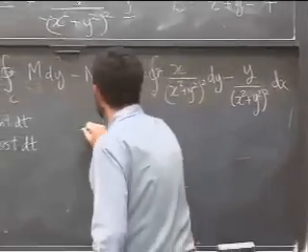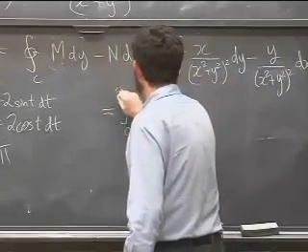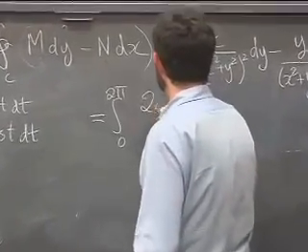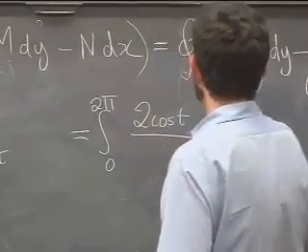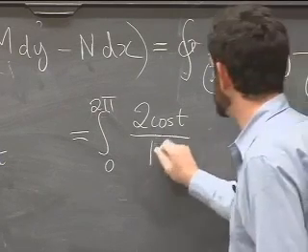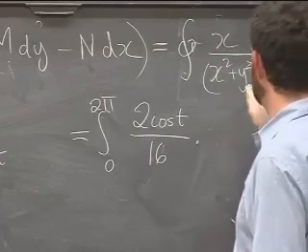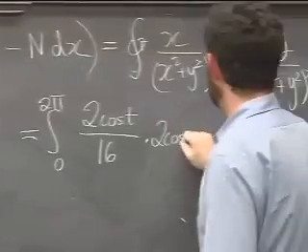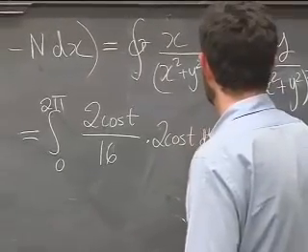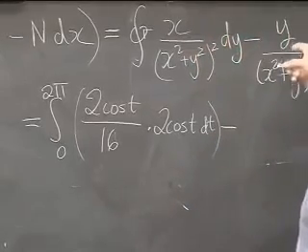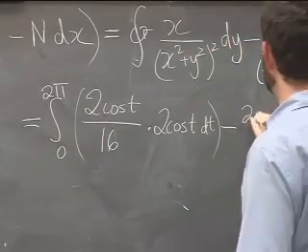All right, so what does this look like in parameters? First of all, I plug in x, which is 2 cosine t. The bottom, x squared plus y squared, is 4, because it's cosine squared plus sine squared. And then we have a square, which gives us a 16. But we need the dy. dy is 2 cosine t dt. Minus, repeat, y itself is 2 sine t.